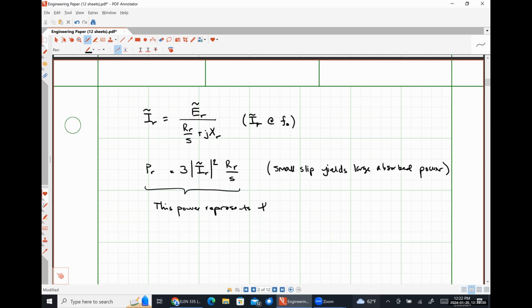Represents the total power that crosses our air gap, aka the total power delivered to the rotor.